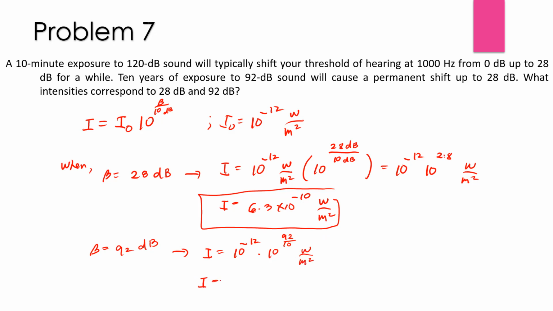So I, when beta is 92 decibel, is equal to 1.6 times 10 to the minus 3 watts per meter square. So 28 decibel is equal to 6.3 times 10 to the minus 10, and 92 decibel is equal to 1.6 times 10 to the minus 3 watt per meter square.